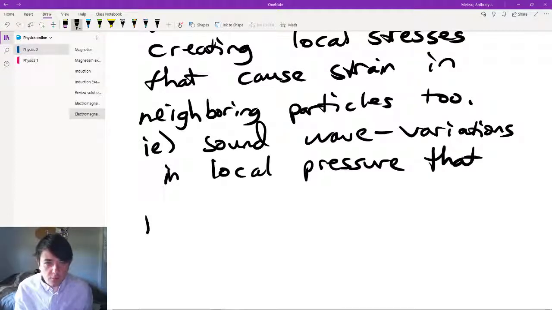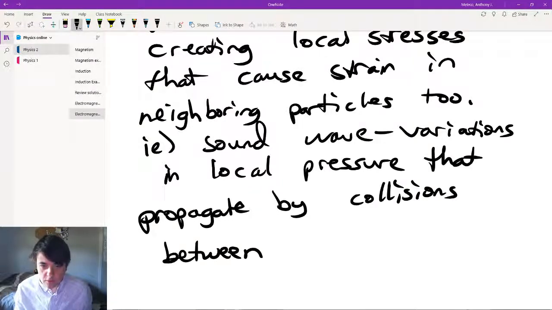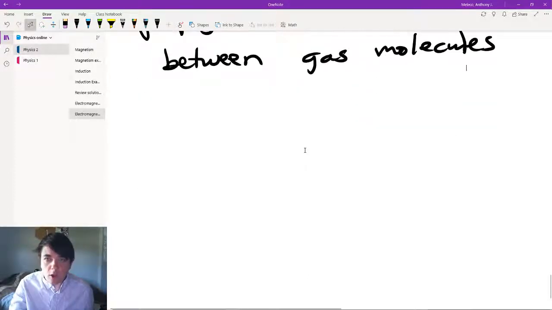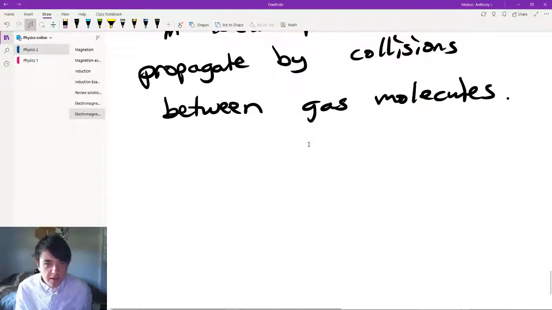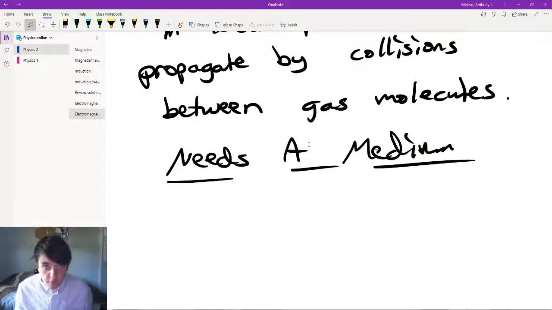This propagates by collisions between gas molecules. Okay. The main thing here with a mechanical wave is that it needs a medium. It needs air to go through. It needs a material to go through. It can't go through a vacuum. Okay?